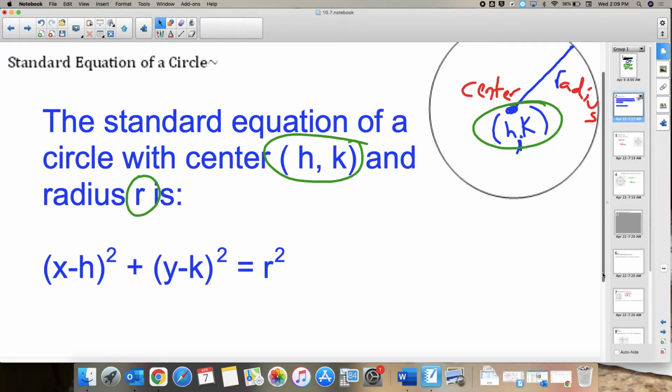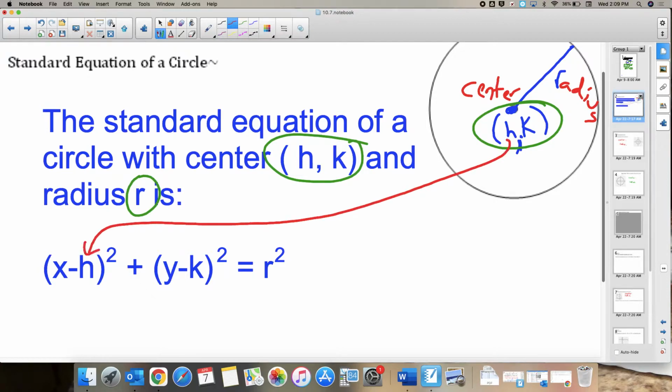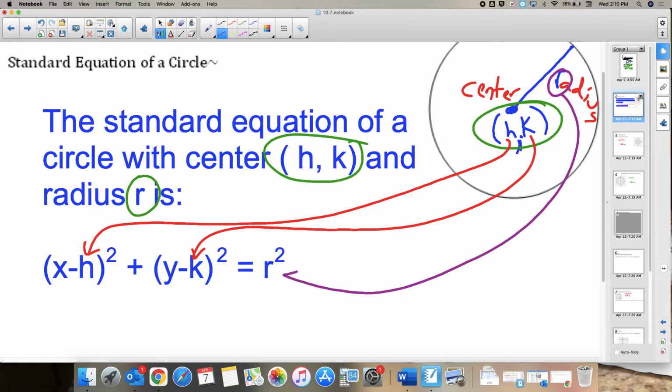So all we are doing is taking this h value and plugging it in, plus y minus k. So we're going to take our k value and plug it in. And then that equals your radius squared. So we're going to take our radius here and plug that in.